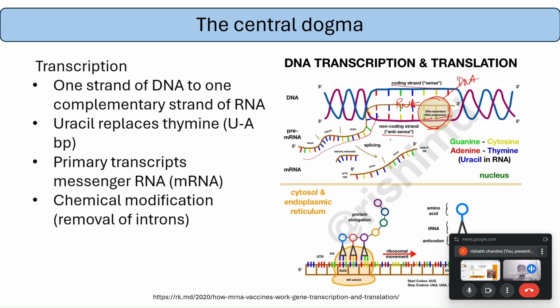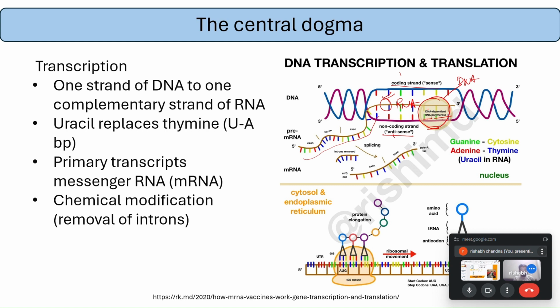Generally only one strand of DNA, that is the non-coding strand, is used to form the RNA. And the concept of coding and non-coding we'll see when we start the topic of transcription.